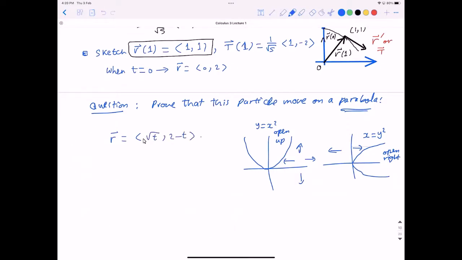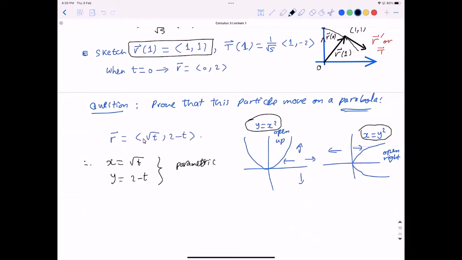So we need to get rid of this t. The idea is we need y equals x squared or x equals y squared or any similar forms. So our x is root t. Our y is 2 minus t.